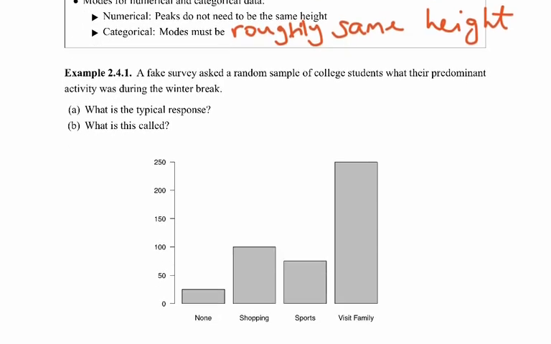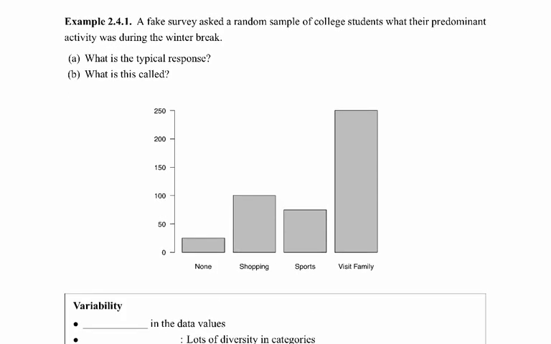Let's take a look at an example. A fake survey asked a random sample of college students what their predominant activity was during the winter break. If you take a look at the graph, we had 4 responses from students. They either said visiting family, sports, shopping, or none. The order these are in does not make a difference, remember, because you're talking about categorical data. Part A says, what is the typical response?